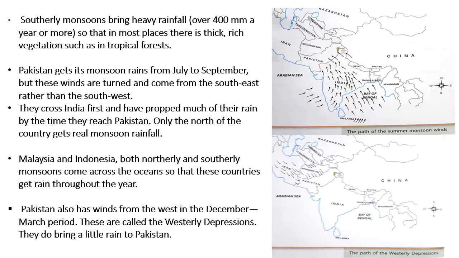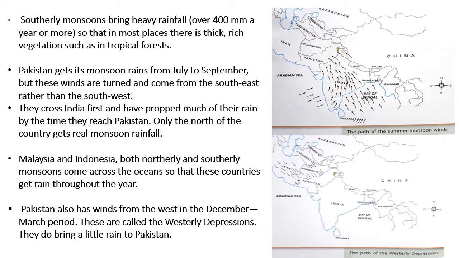Pakistan also has winds from the west in the December to March period. So from December to March, the winds come from the west, means from Iran, Afghanistan, and the Central Asian countries such as Uzbekistan, Turkmenistan, and Kazakhstan. These are called the westerly depressions, means the winds that are coming from the west, from the higher altitude.